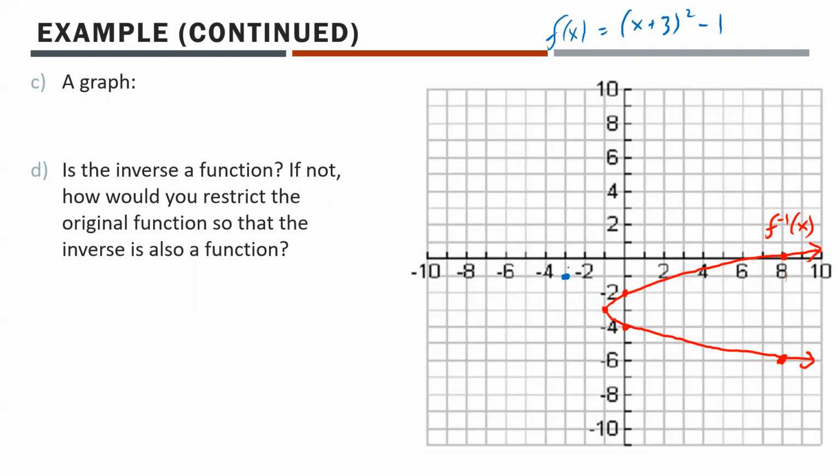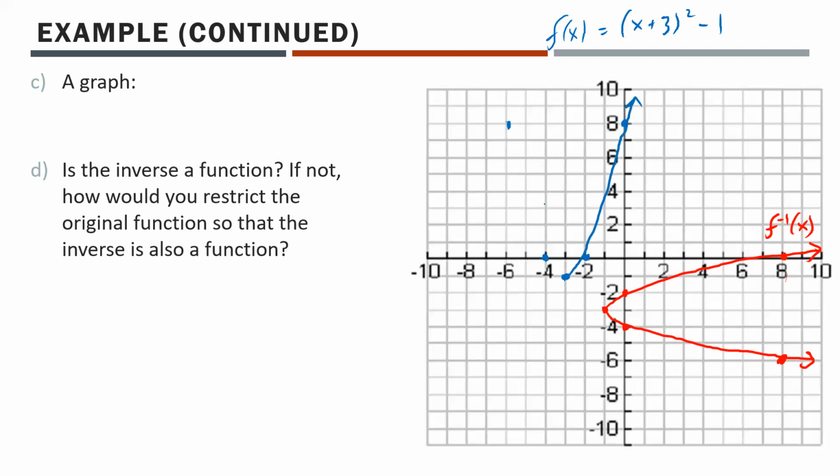Filling in the other table of value points, we had negative 4, 0, we had negative 2, 0, and we had 0, 8. And then I think you can use your imagination here. This is just a normal quadratic. So this 8 should also be way over here as well.